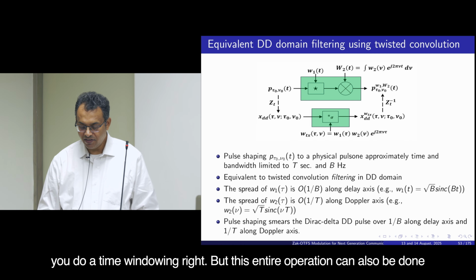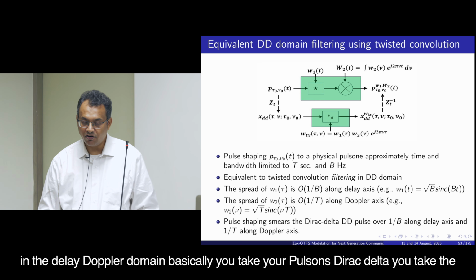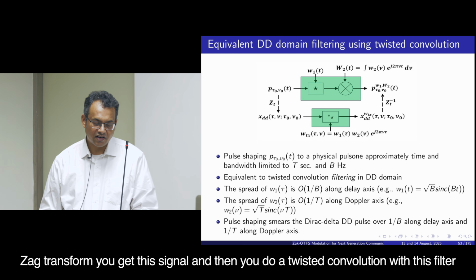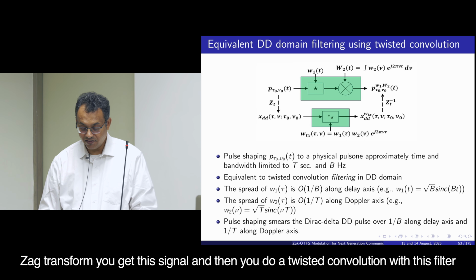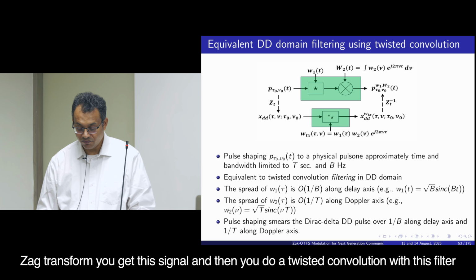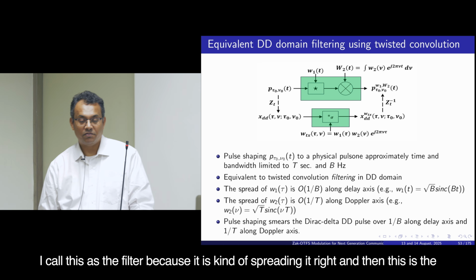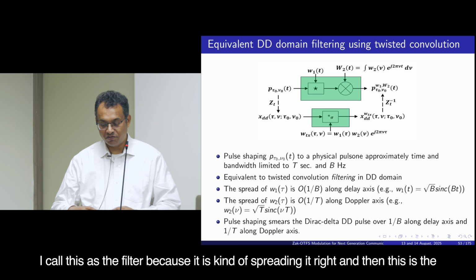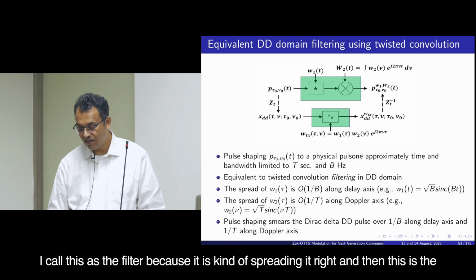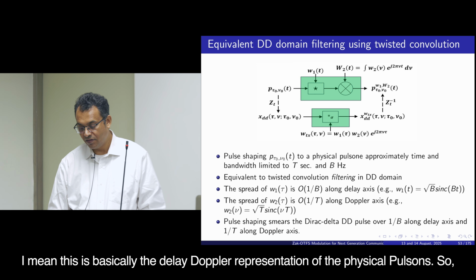But this entire operation can also be done in the delay Doppler domain. Basically you take your pulse-on Dirac delta, you take the Zak transform, you get this signal and then you do a two-state convolution with this filter. I call this the filter because it is spreading it. And then this is basically the delay Doppler representation of the physical pulse-on.